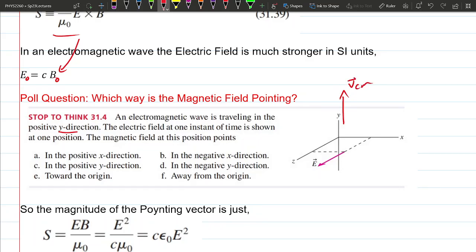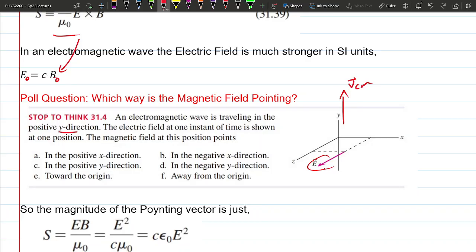If the direction of the electric field is this way, what is the direction of the magnetic field? We can figure this out. Which is it? How many of you think it is A, the positive x direction? Okay, most of you, and I think that's right.